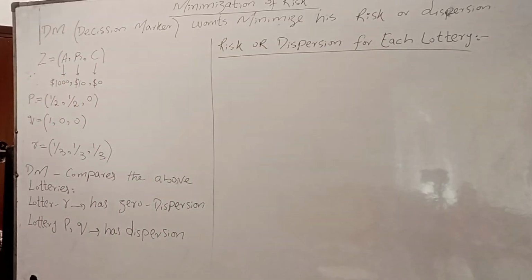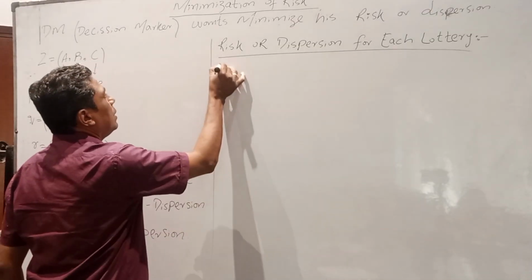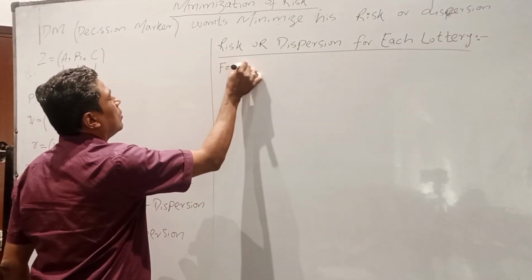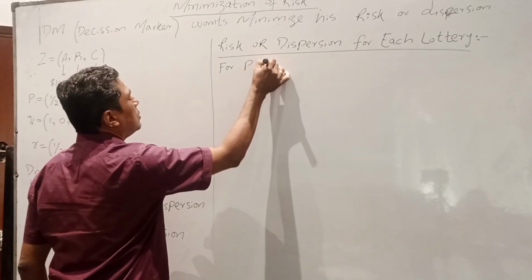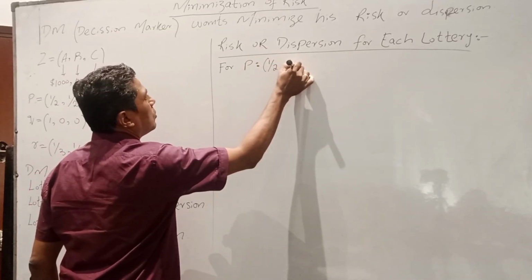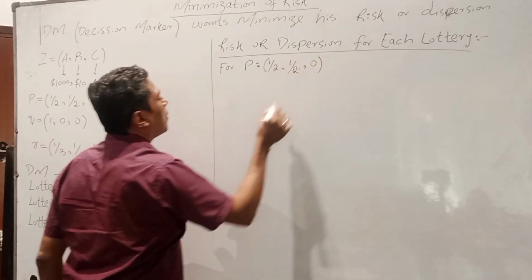For P, that is equal to 1 over 2, 1 over 2, and 0.